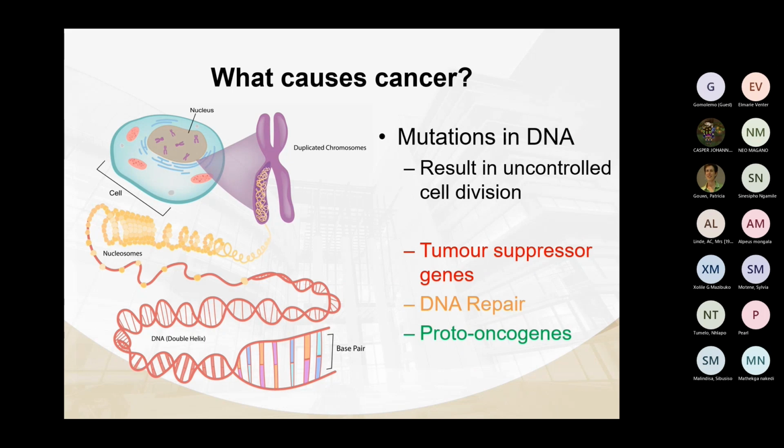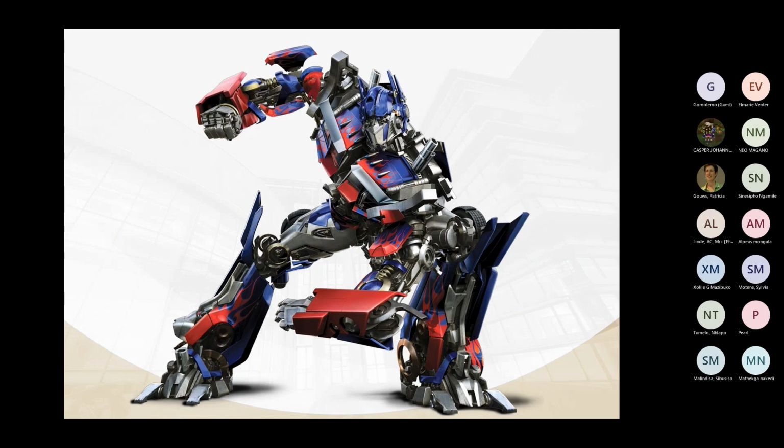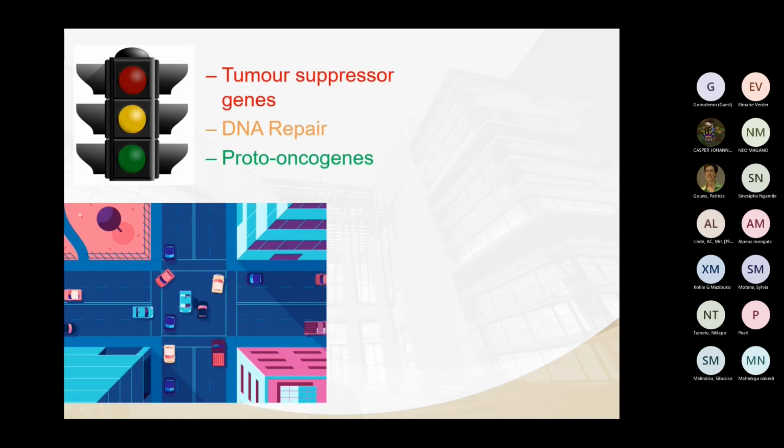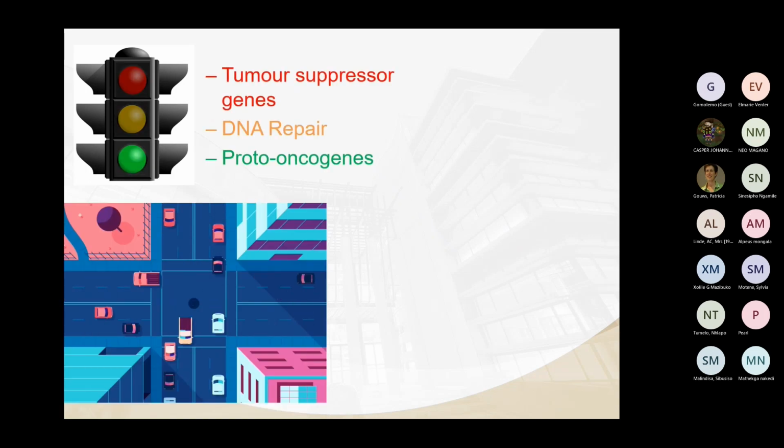encourage cell growth. So if I can use an example of a robot, sorry, not this robot, I mean South Africa, these are the two robots in South Africa. Okay, so we know that a robot controls traffic, right? And it controls this traffic so smoothly to allow the flow of cars on the road.